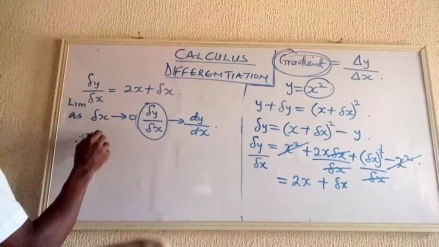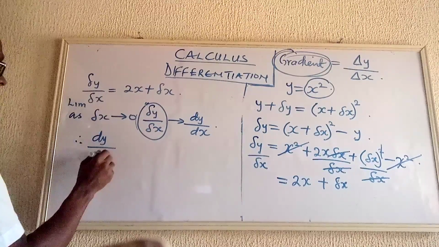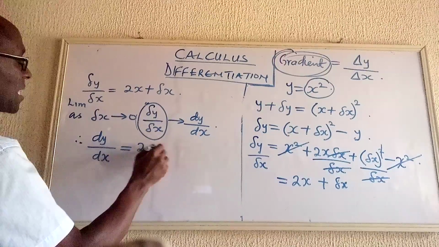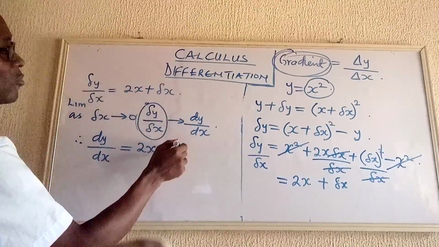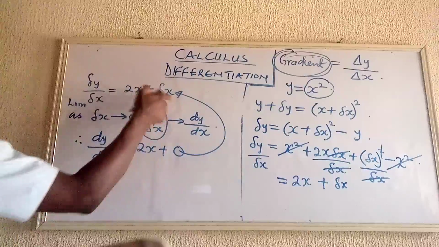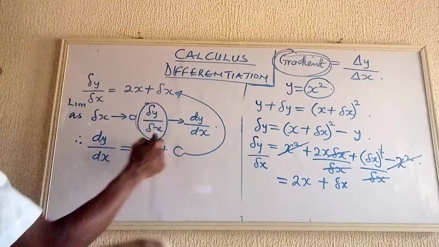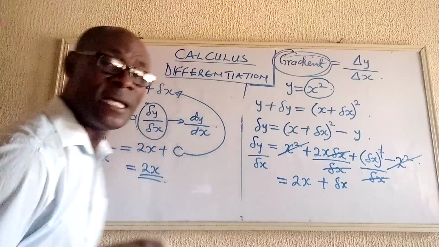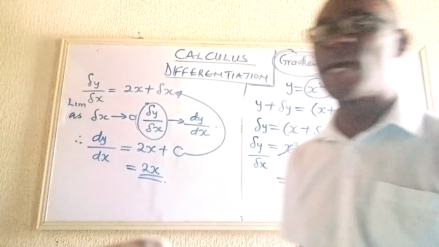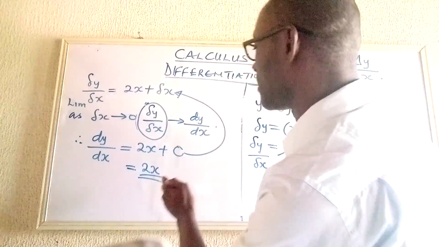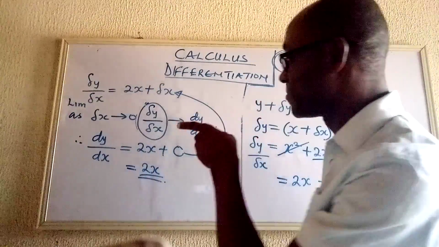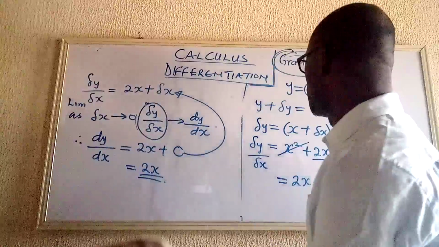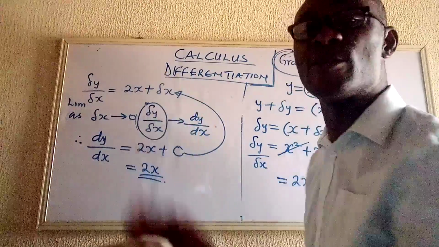Therefore, dy over dx will be equals to 2x plus 0, because 0 will be replacing this delta x. And, of course, what is the answer? 2x. Now, 2x is the gradient function, which is also the limiting value for the curve y equals x squared.